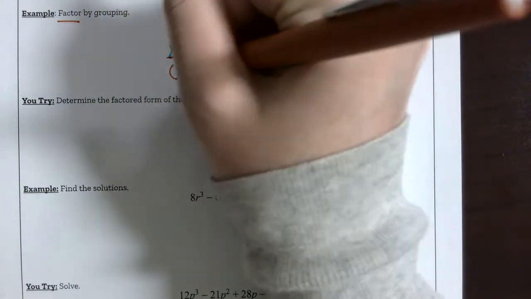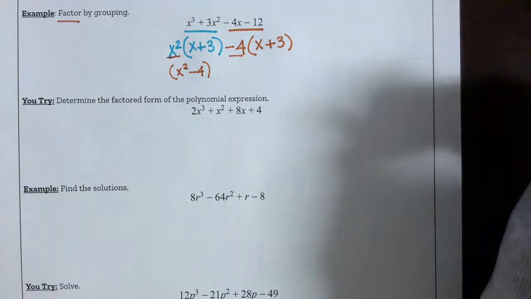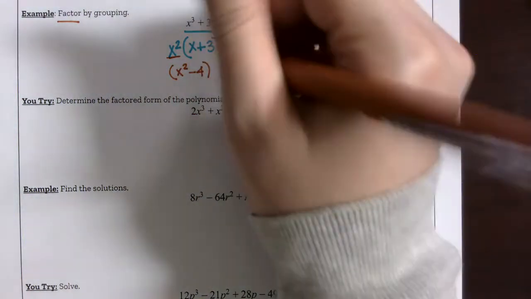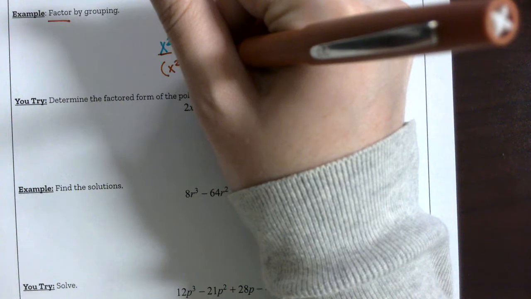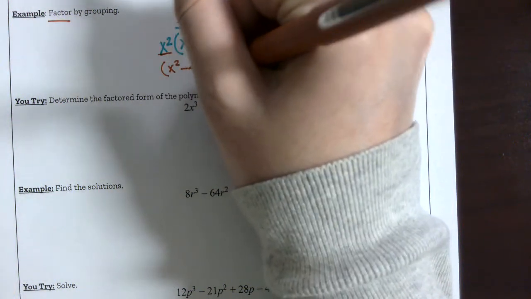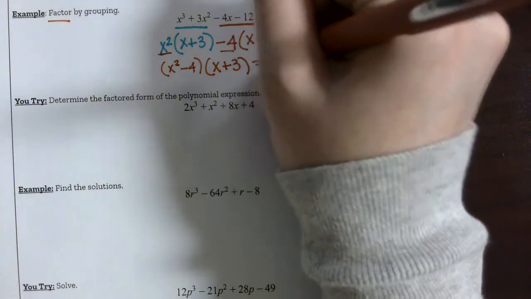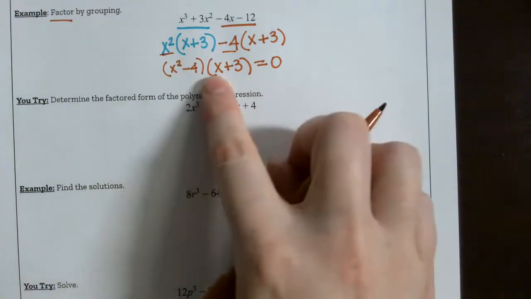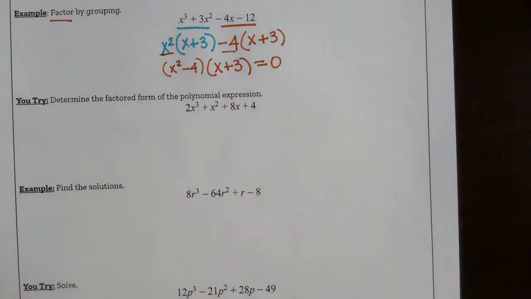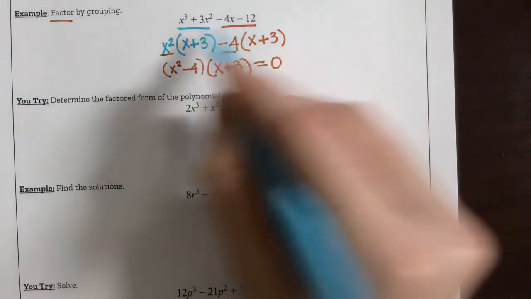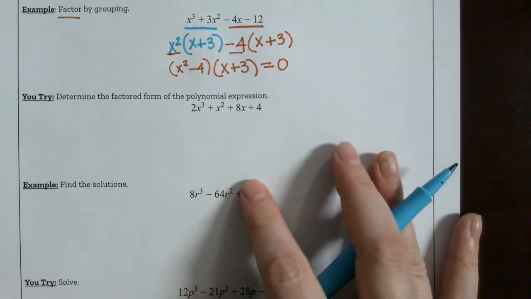So I'm going to write those as factors: x squared minus 4, those are the 2 GCFs, and then x plus 3 is what they had in common. So essentially you're grouping together the greatest common factor and then whatever was left when you pulled that out. And those are our 2 factors. So this is factored form in factoring by grouping. And if you were to multiply this out, you would get this back as your answer. So that's an easy way to check your work.